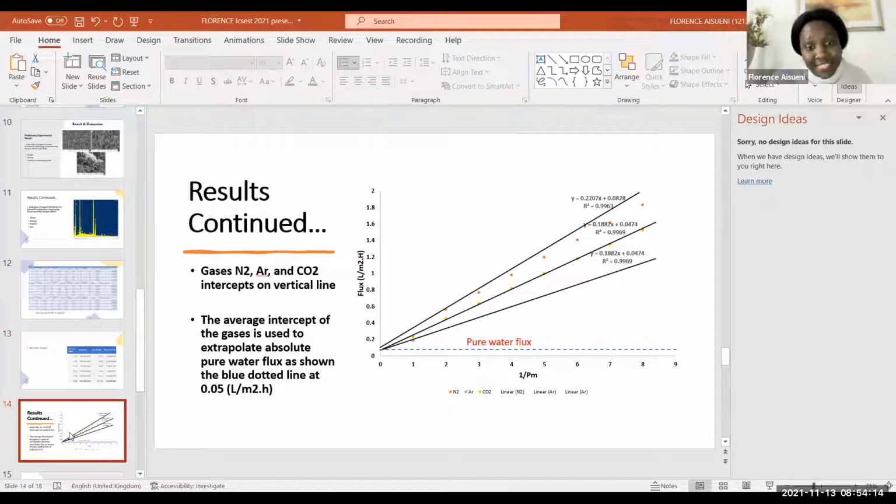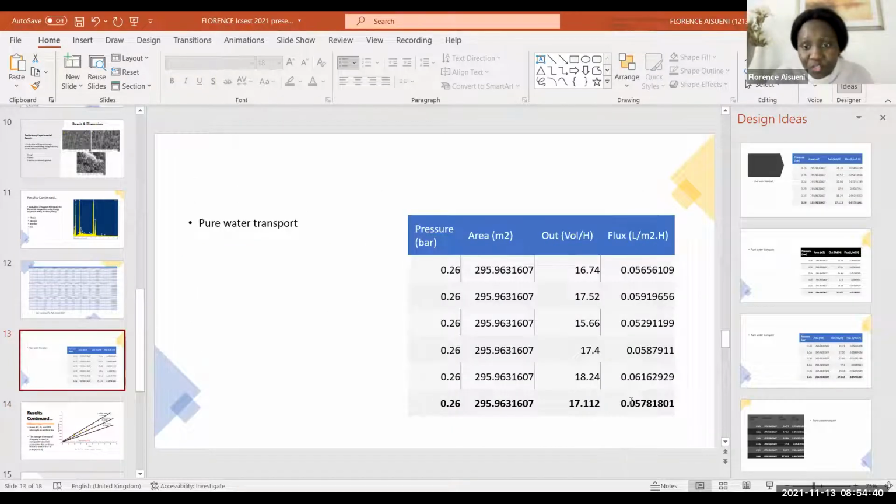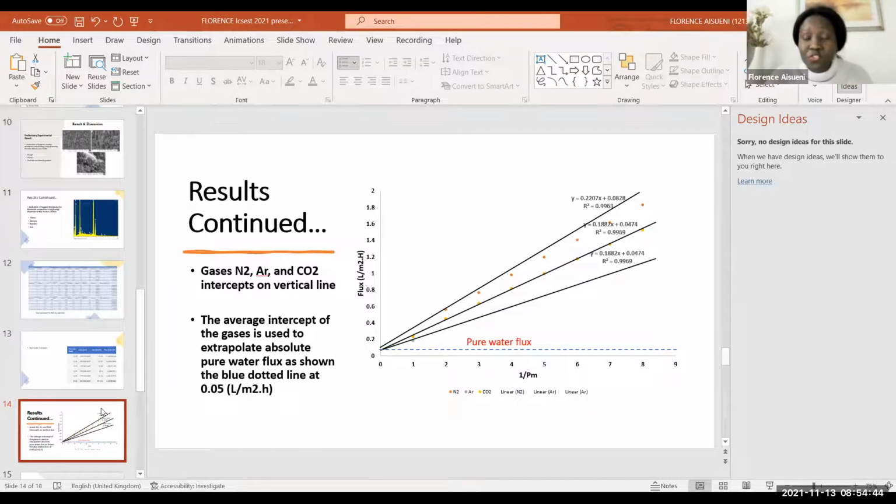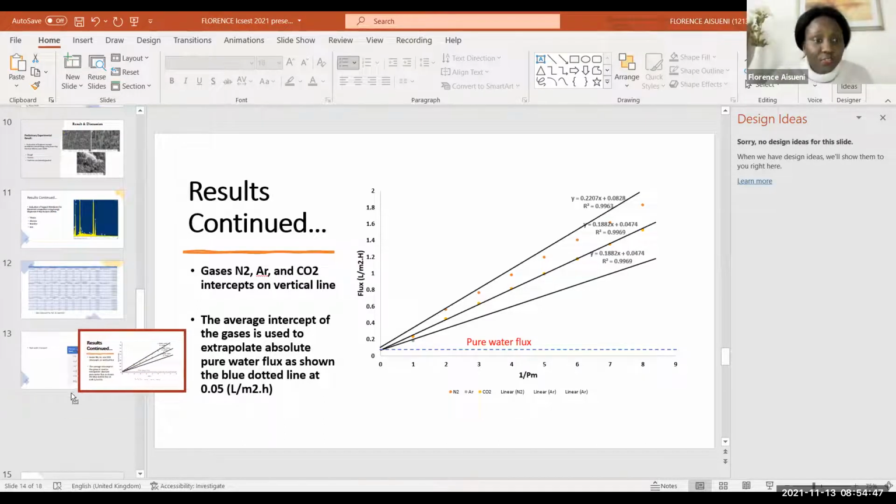The results indicated that from the gas transport, pure water flux could be deduced using the intercept on the vertical axis. The intercept on the vertical axis was an average of 0.05. From the table above, the pure water flux average was 0.05, which means that gas transport can be used to deduce flux as well.